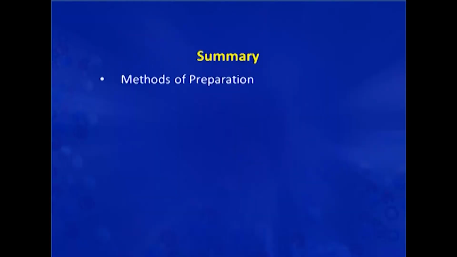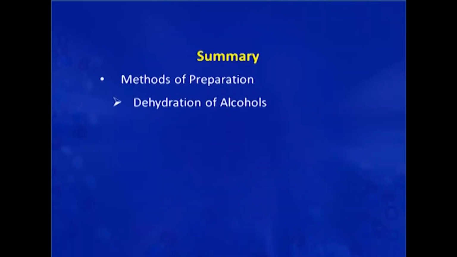Then we discussed various methods of preparation of ethers starting from alcohol, alkyl halide or alkenes. Starting from alcohol, we can prepare ethers via dehydration reaction. In case of Williamson ether synthesis, we utilized alcohol converted into its sodium salt and alkyl halide.